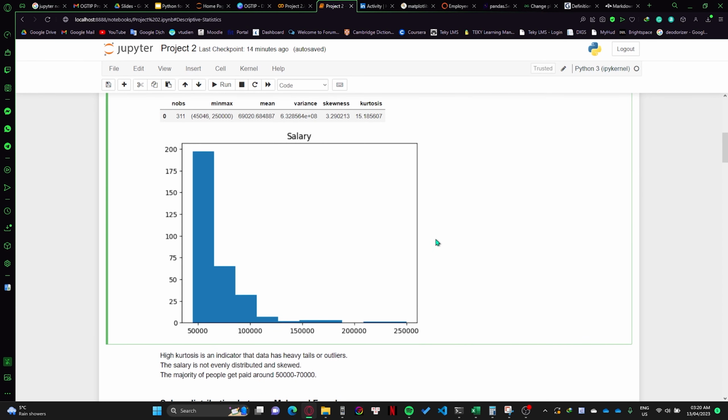And the salary is not evenly distributed, and it is also skewed to the right. By looking at this plot, you can see that the majority of the people get paid around this range, which is 50 to 70,000.